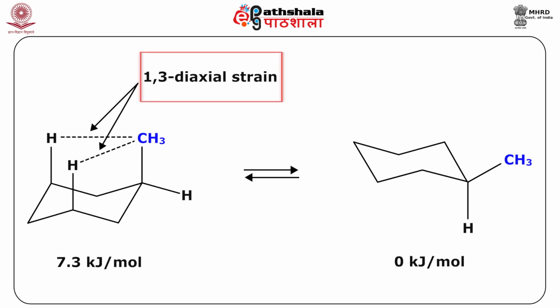Besides gauche interactions, the axial methyl group experiences steric repulsions from the nearby axial hydrogens, which further increases the energy of axial methyl cyclohexane. These steric interactions between the substituent in axial position at C1 and the axial hydrogens at C3 carbon atoms are called 1,3 diaxial interactions, which are not very well pronounced.